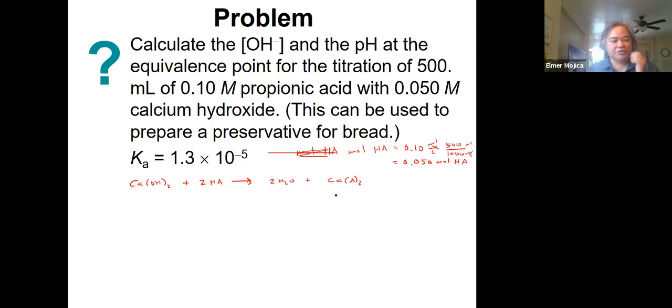So the question that we're going to know now is, we know this as 0.05 moles.